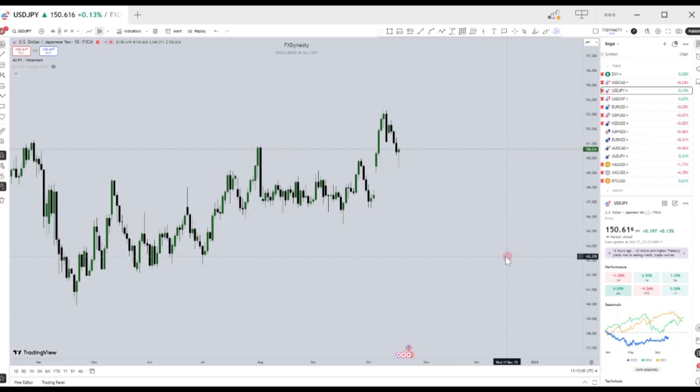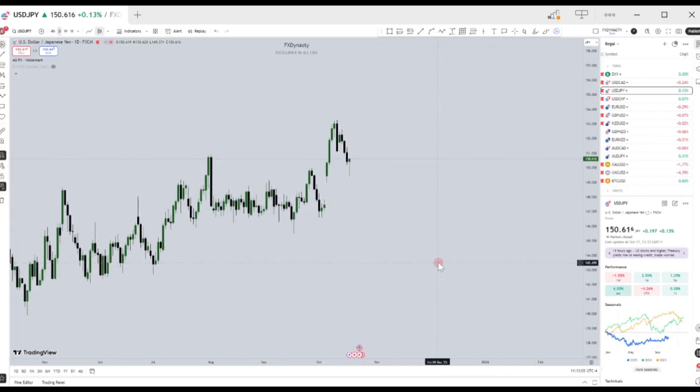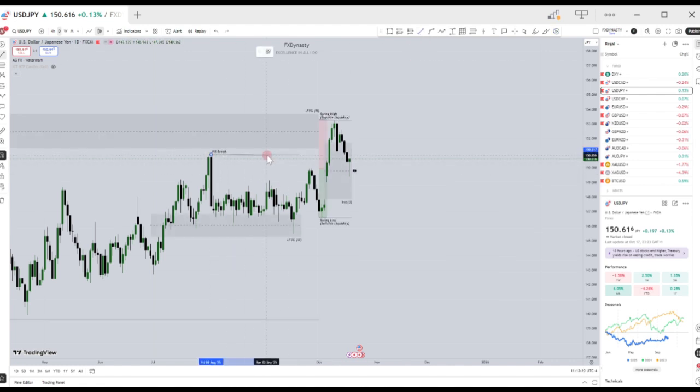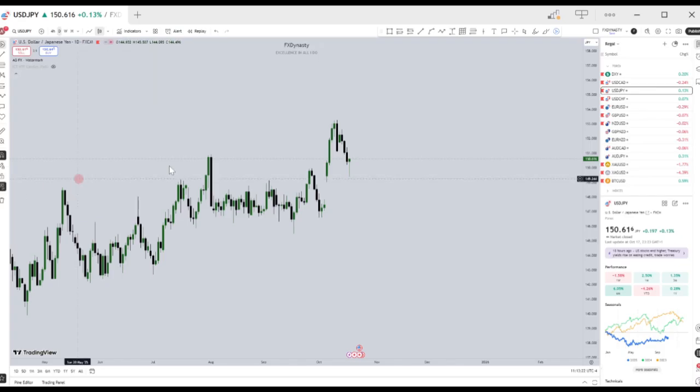Now, on the daily time frame, things start to get a little bit interesting, because we are seeing some kind of price action that can convince us of price moving back to the upside. So what I can see is we have this break of structure here on the daily time frame with this push to the upside.